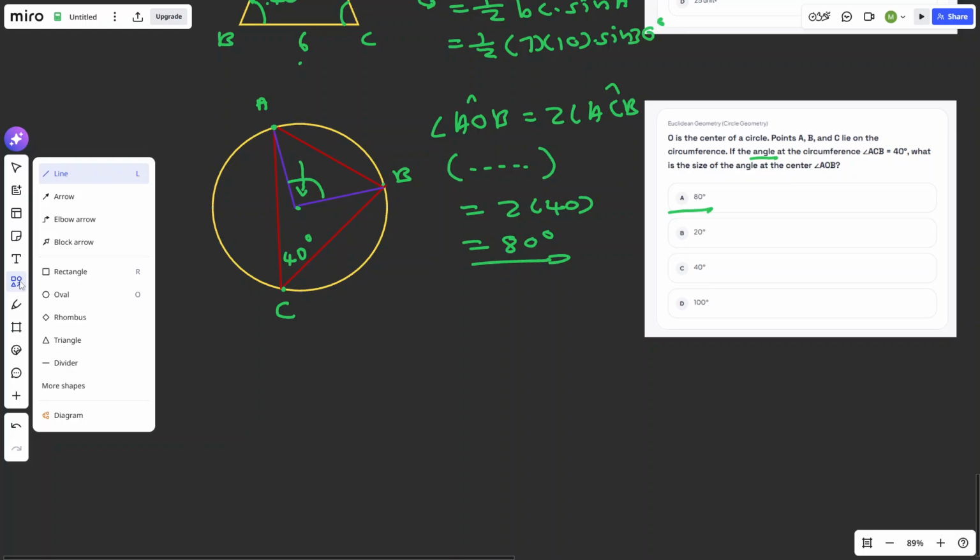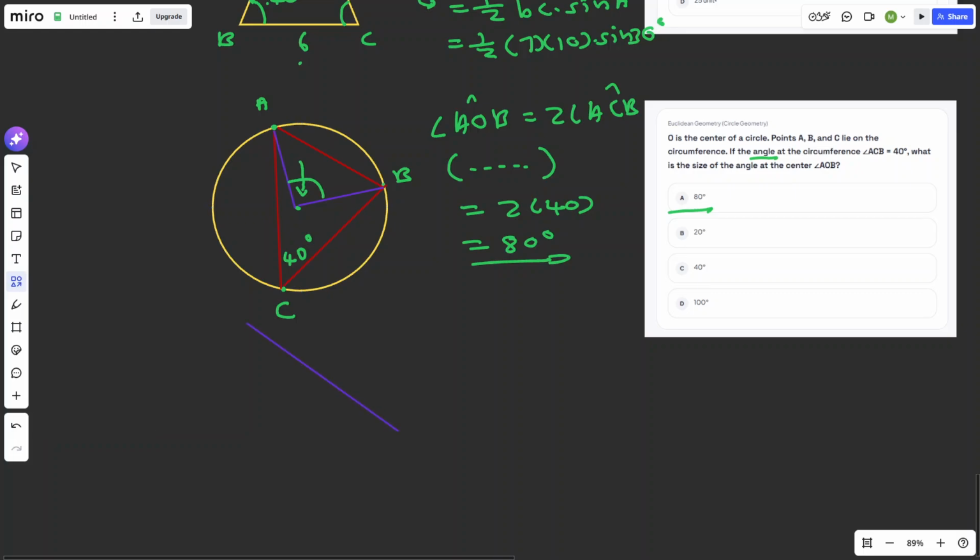Let's say we've got a line, right, that is coming from there and it touches the circle there, right, at that point. So now if we were to draw a line from the center to that tangent line, that angle is 90 degrees. And you can test this out, okay?